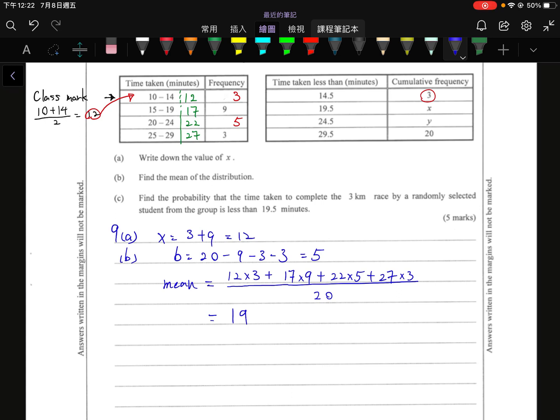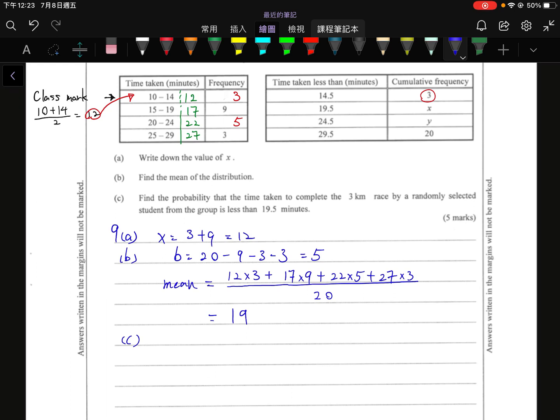Because this is section A only, the last question will be quite easy. What is the question asking in the last part? Find the probability that the time taken to complete a 3 km race by a randomly selected student is less than 19.5 minutes. How many people are smaller than 19.5 minutes?